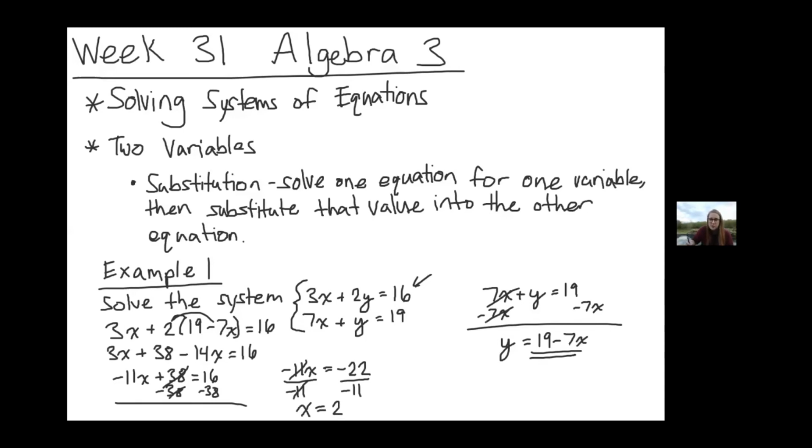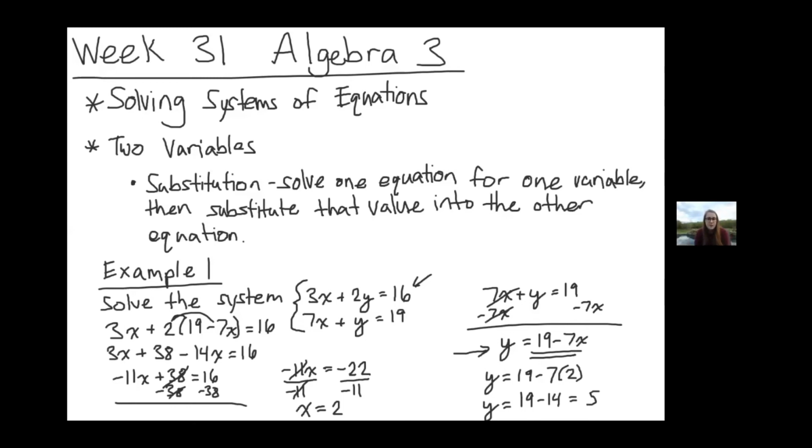Now we can use this equation that we already solved for y and just plug in 2 as our value of x. So y equals 19 minus 7 times 2. So y equals 19 minus 14, which equals 5.